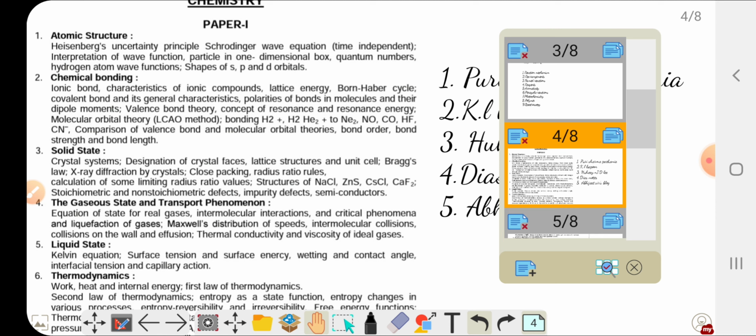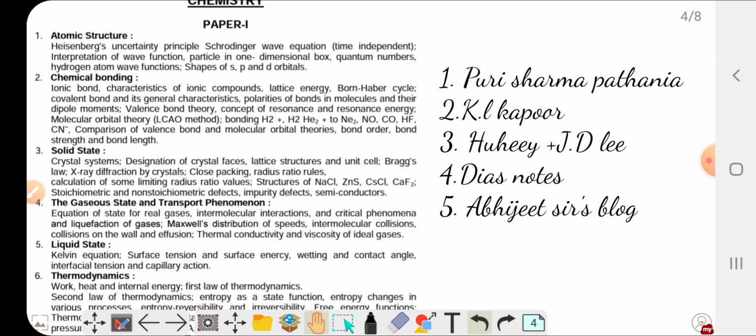First of all, I will suggest you please stick to one basic resource which you will refer to completely. After completing that one basic resource, you can do content enrichment from various other resources. You don't need to read the same chapter again and again from different resources. You have to read one resource very efficiently, completely.